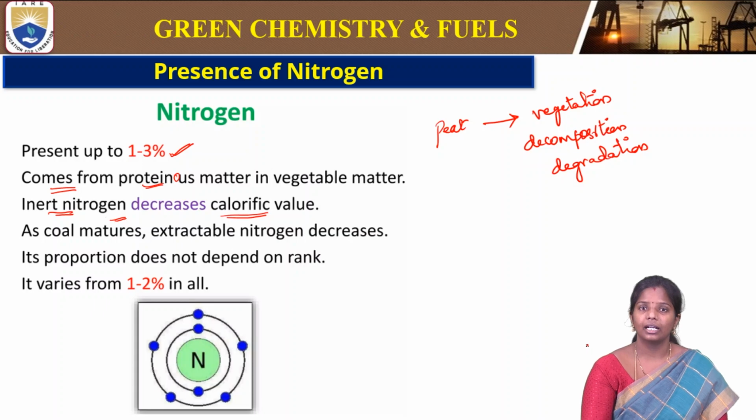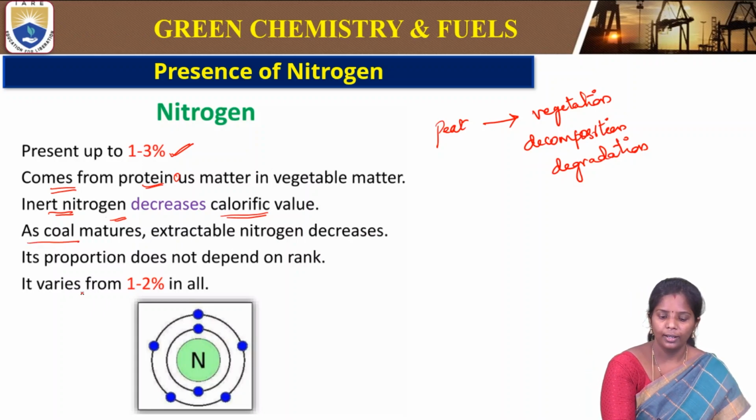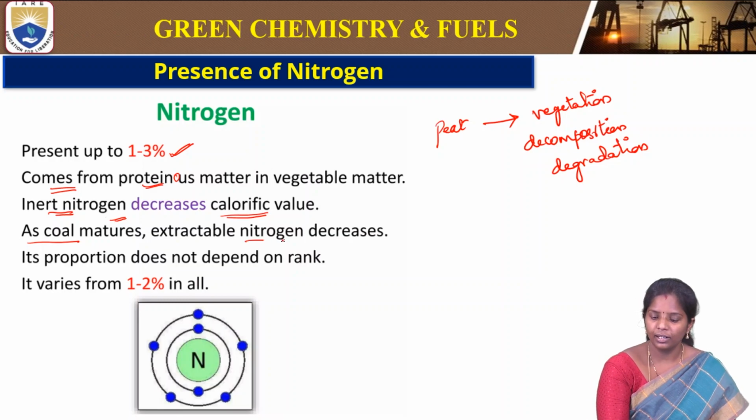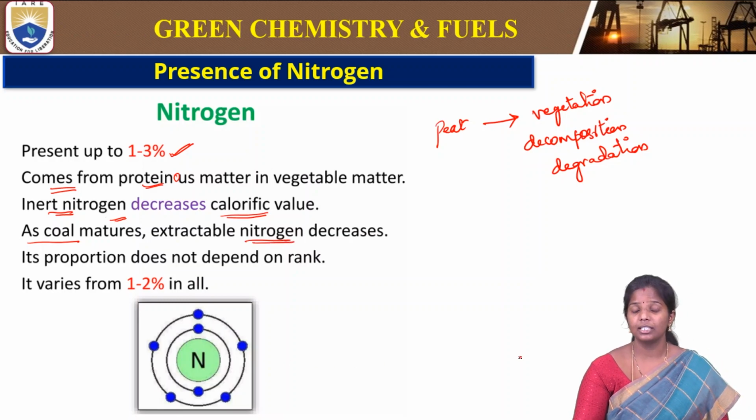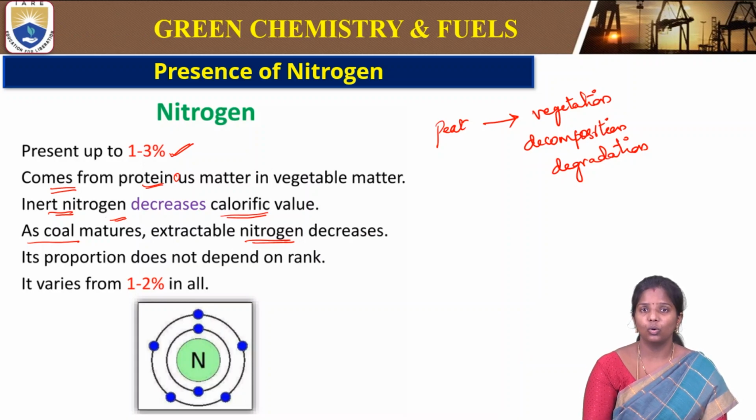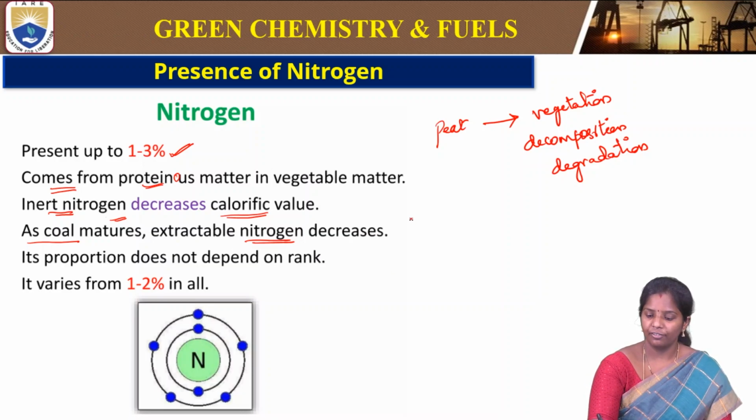As coal matures, extractable nitrogen decreases. What does it mean? It means the extraction of that nitrogen will go down. We will not be able to extract that nitrogen from the coal as it matures from peat to anthracite.